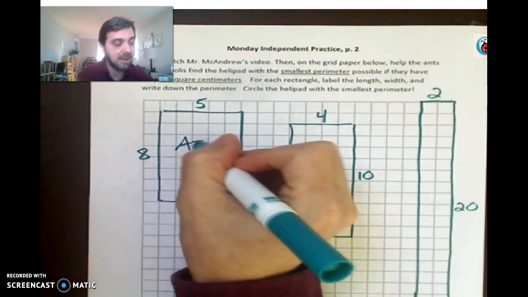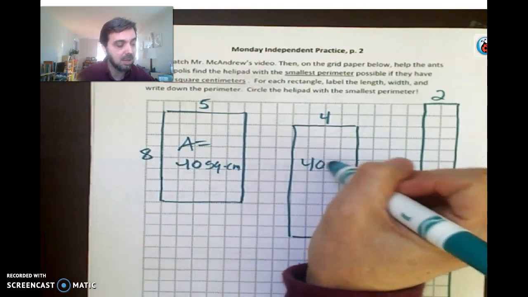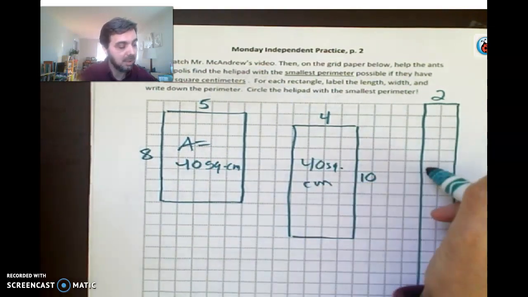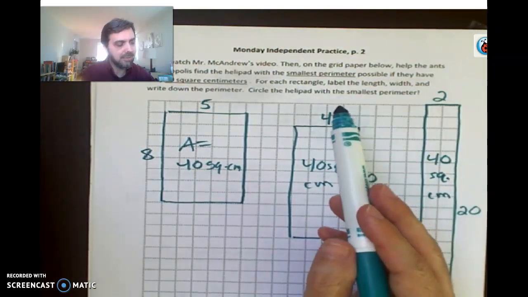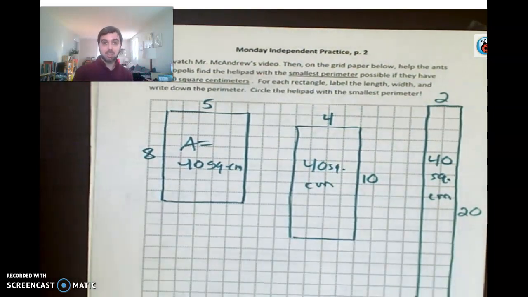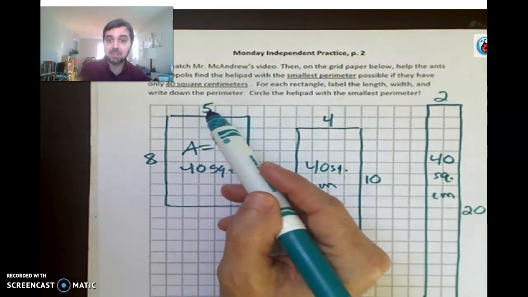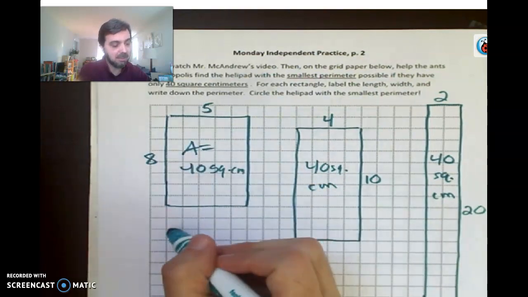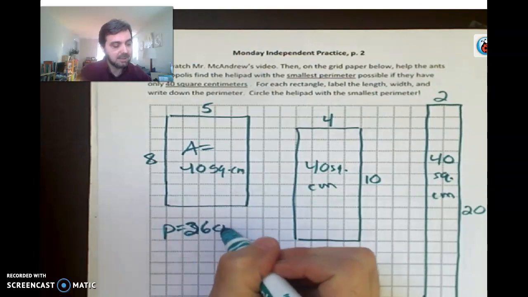The idea was to see which had the smallest perimeter, like the smallest perimeter for putting up lights. Here we can see that 8 and 5 is 13, so the perimeter must be 26 centimeters.